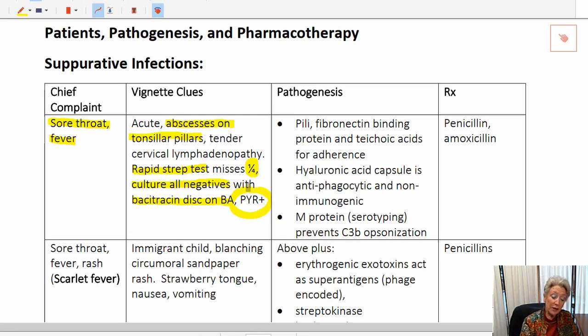The problem being that that enzyme is possessed both by group A and by some of the group D. So it's not an absolute distinction between the streptococci, but at least I know that if they tell me PYR positive, it has to be either group A or group D, okay?